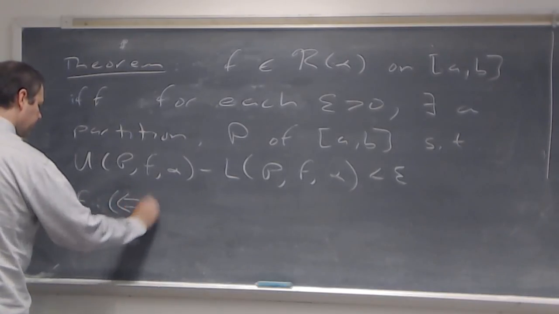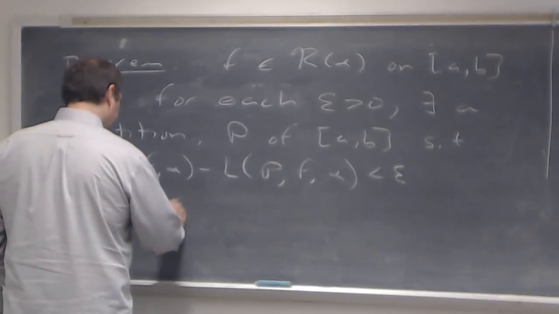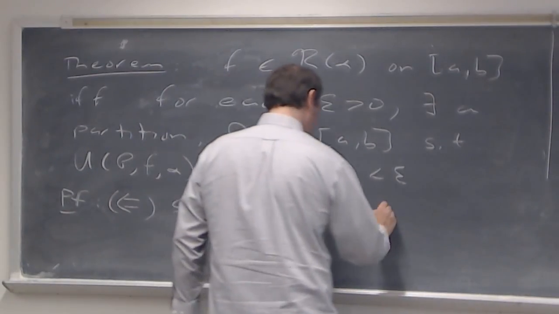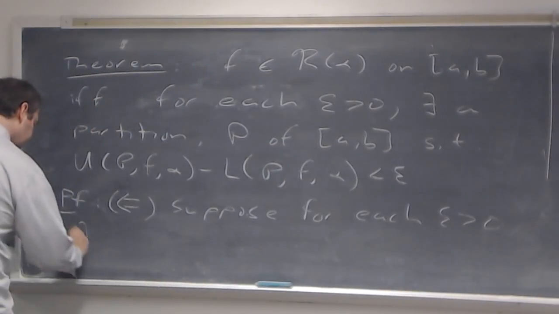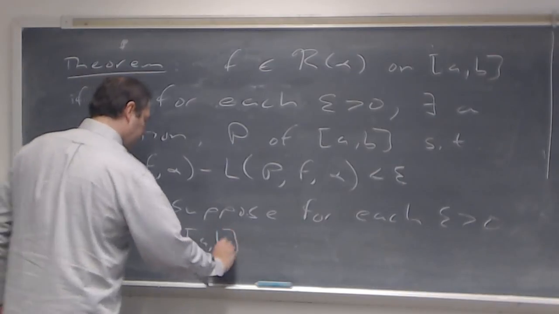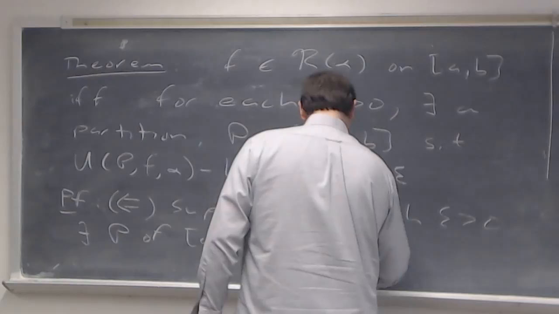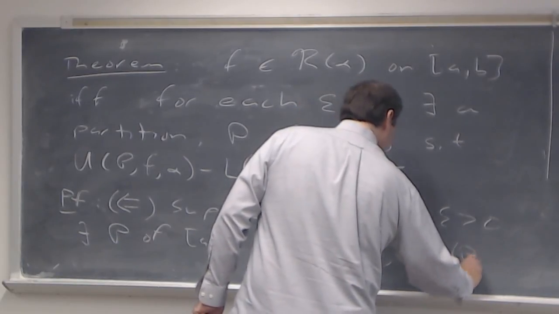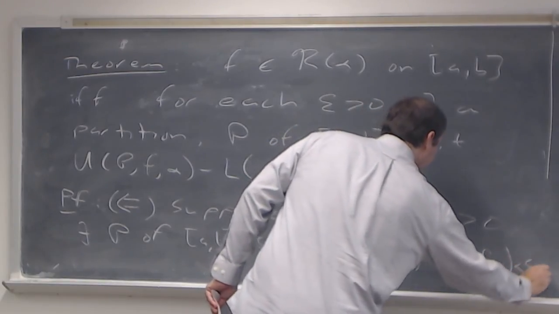I'm going to do the backwards direction first. So here I'm going to suppose for each epsilon greater than 0, there exists a partition of A to B such that the upper sum with this partition minus the lower sum with this partition, that difference is less than epsilon.